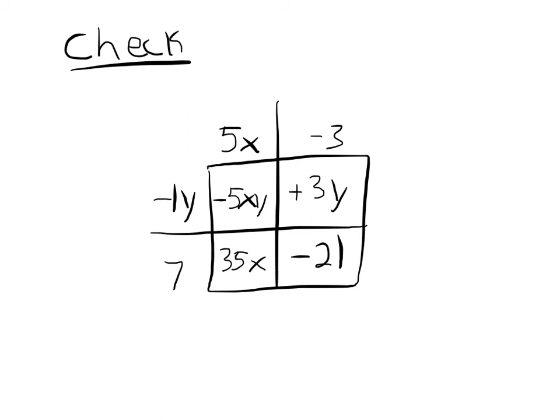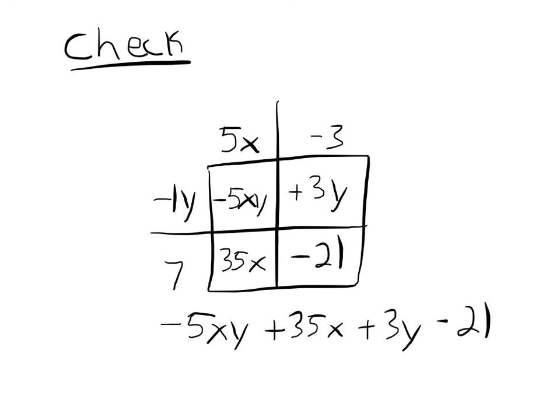And when I write that out, negative 5xy plus 35x plus 3y minus 21. Again, the order may not match up when you write it in descending order, but what you have to do is go and check. In your original problem, did you have a negative 5xy?